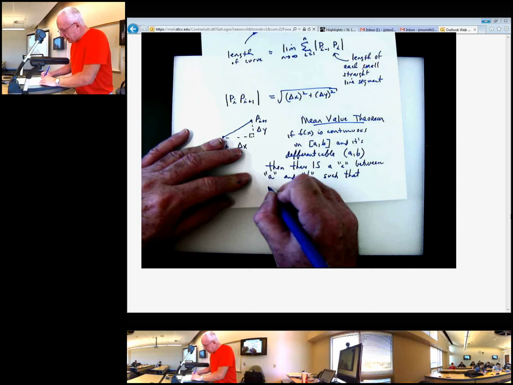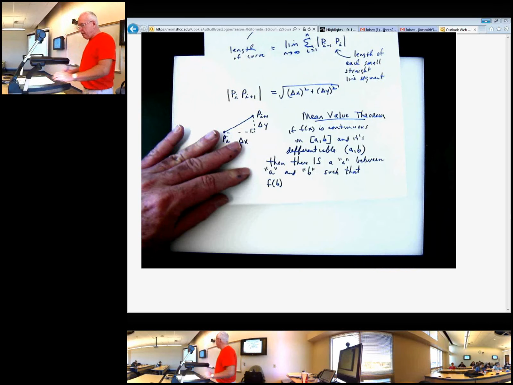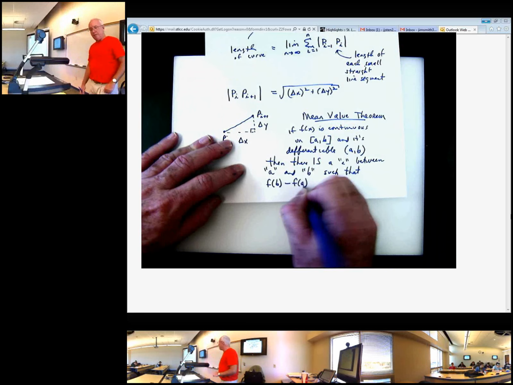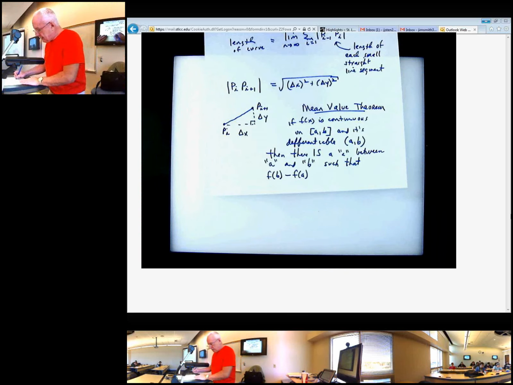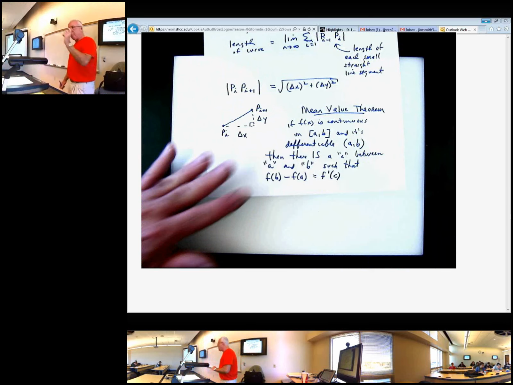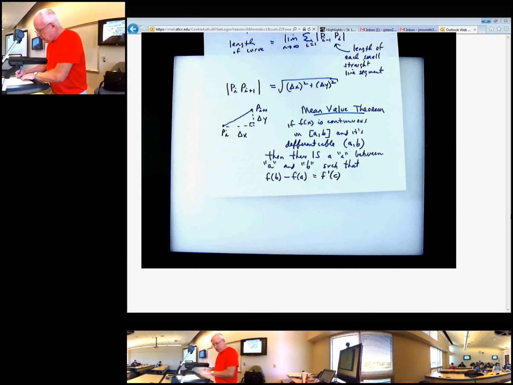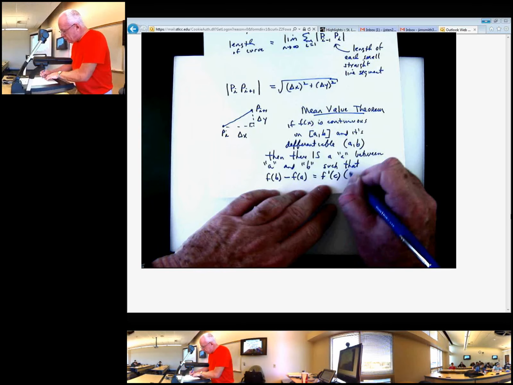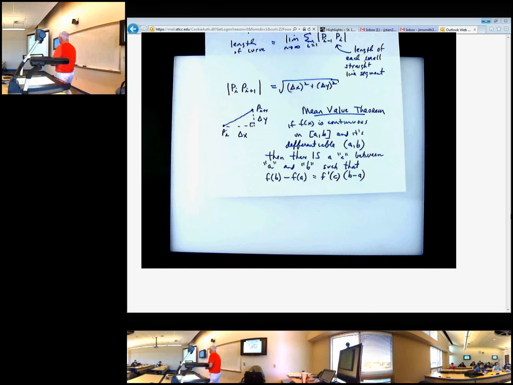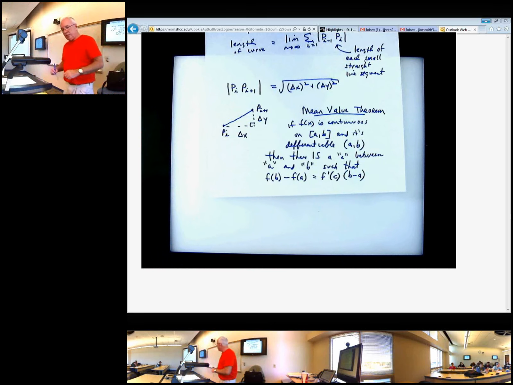The function at the one endpoint, f of b, minus the function value at the other endpoint, f of a, is equal to the derivative of that function at that value c times the difference of the two x values, b minus a. Okay, that's the mean value theorem. So the difference in the y's is equal to some derivative times the difference in the x's.